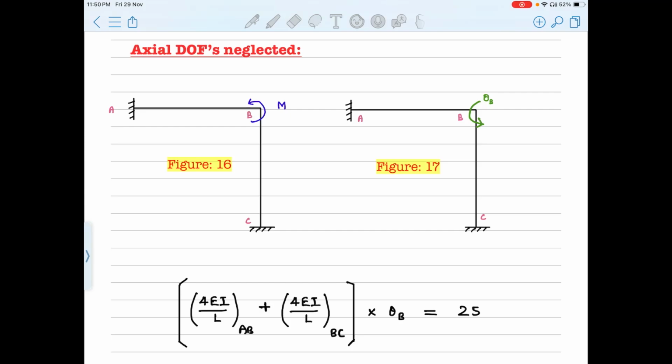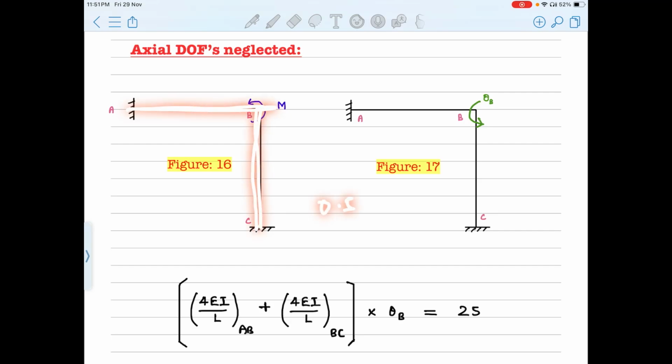If you consider the slope deflection method, this is the single equation one will get: 4EA by L of each member added, multiplied by the unknown theta B, will be equal to the load 25. The other way in which one can handle this, if one is aware of the moment distribution method, is to solve it easily because EA by L of both of these members is one and the same.